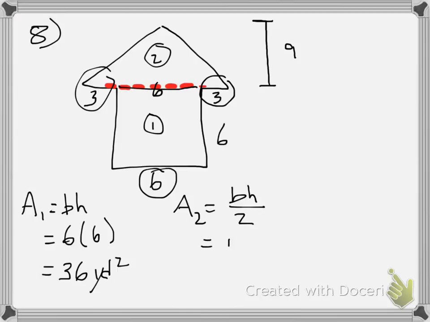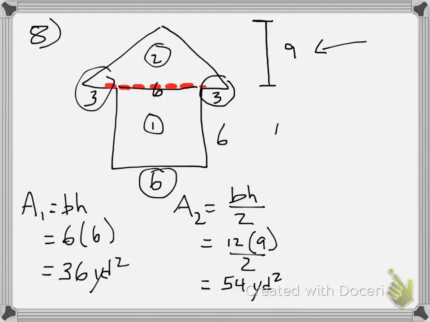So that base is 12 times, and my height, that's right over here, my height of the triangle is 9, and divided by 2. So 12 times 9 is 108. 108 divided by 2 is 54, also in yards, so that would be 54 square yards.